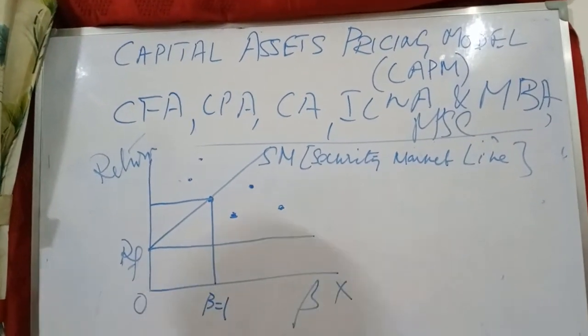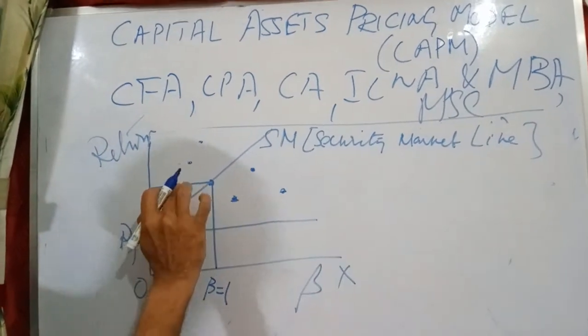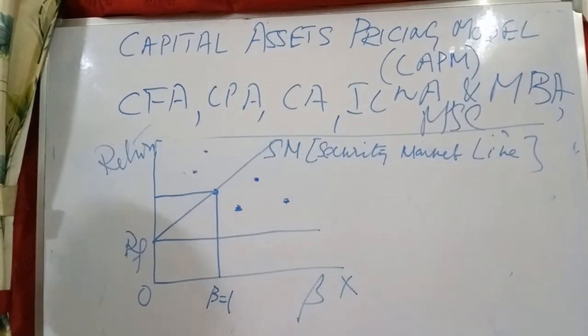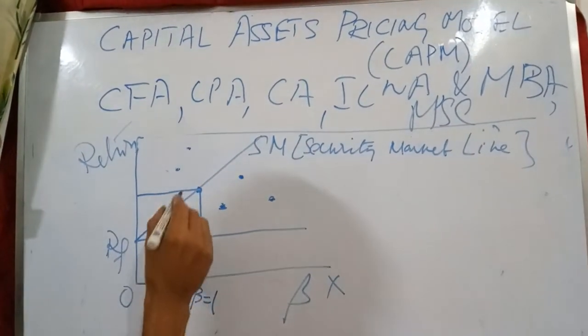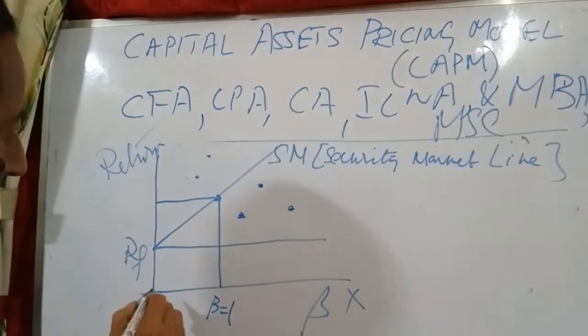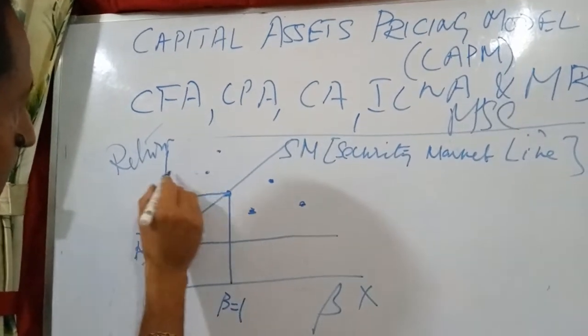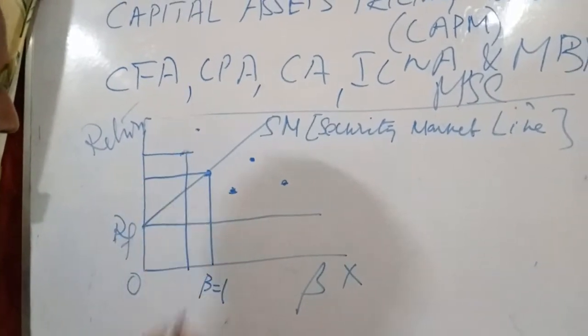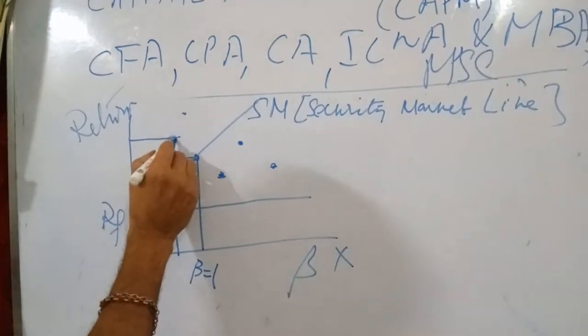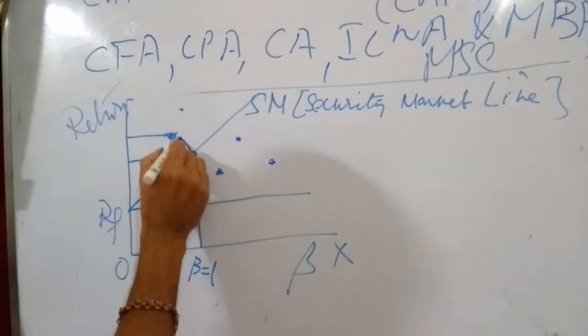Now you see, above this line, as the investor moves from here to here, his return is increasing as he moves from here to here.